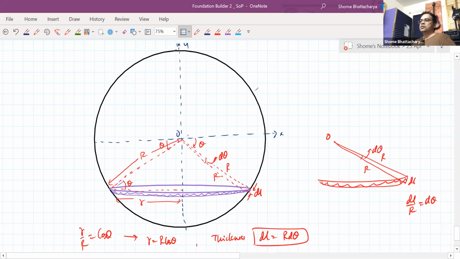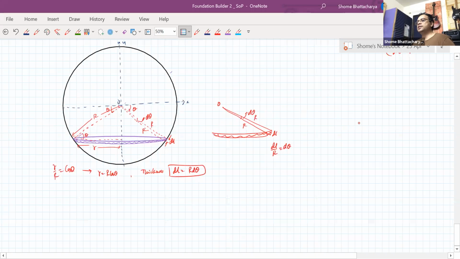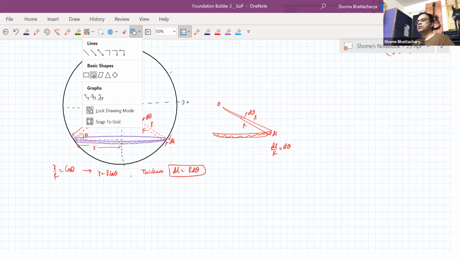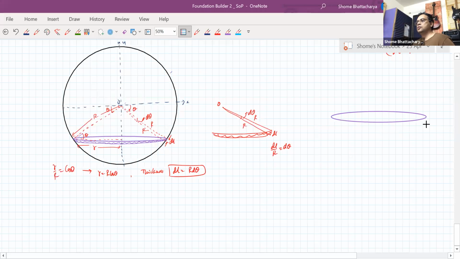You don't need to make this whole diagram again, it's just to explain. If you just isolate out that ring, that ring is like this, but the origin of our coordinate system is over here.